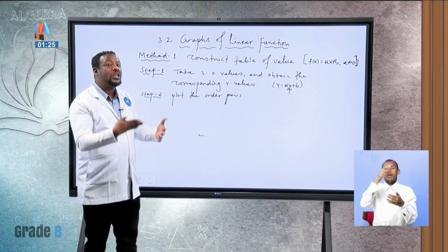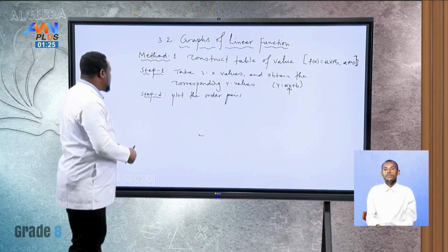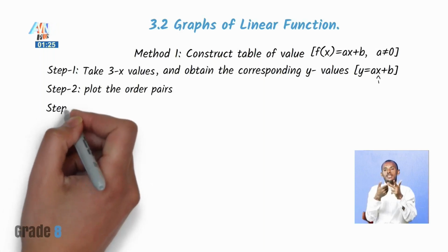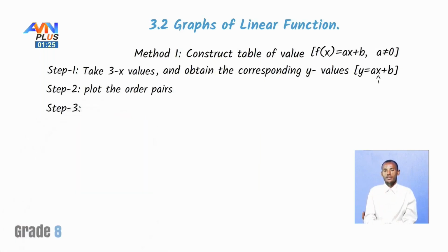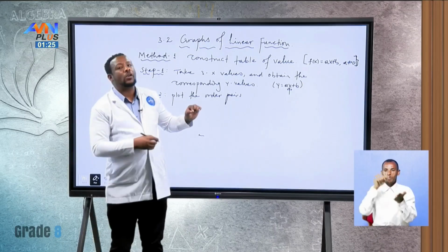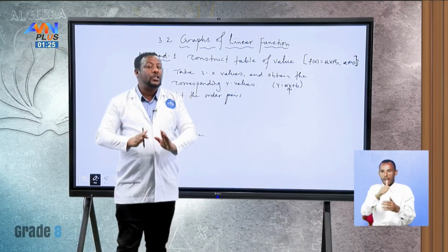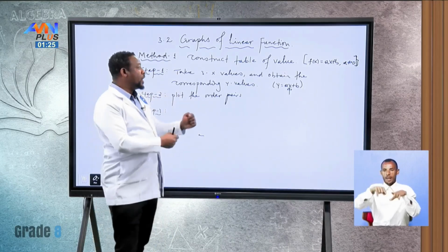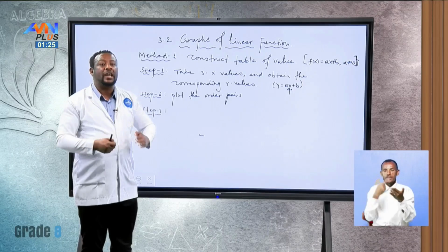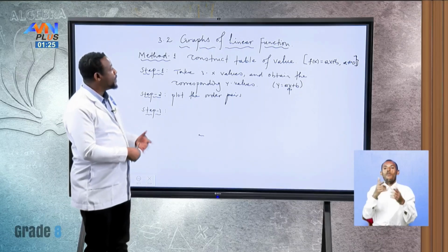You will plot 3 ordered pairs in the xy plane, right? So this is the second step. The third step is we connect those 3 points and form a straight line, okay? The graph of any linear function is a straight line. So once you have these 3 points, you will connect them and form a straight line. That will be the graph of a linear function.